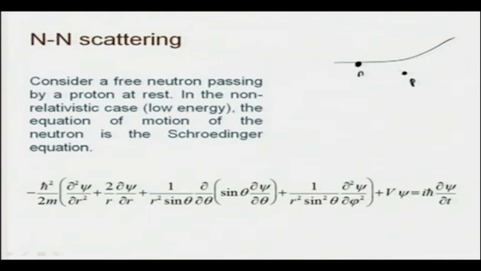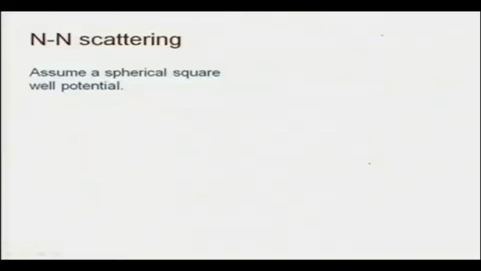And when the neutron comes near the proton, it sees the nuclear potential, which we denote by V. And to understand the nuclear scattering, we need to have some model potential. So, we will take a simple model potential, which is a 3-dimensional square well potential, which is spherically symmetric.